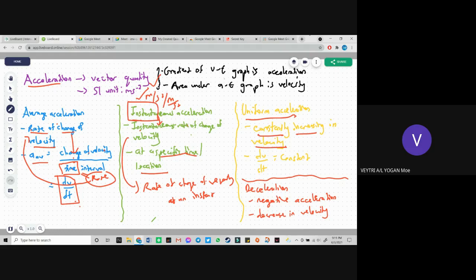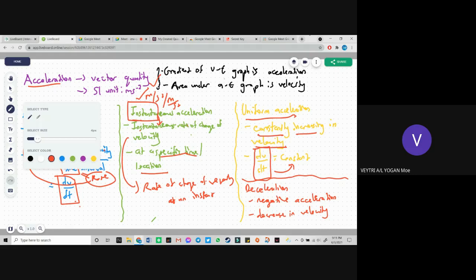If it increases slowly at the same pace, then there is acceleration. What type? Uniform. The formula is the same, dv over dt, velocity over time, but the answer will be constant. Basically, every time you will get 3 meter per second square or 4 meter per second square, no matter how many times you do. Okay, now that is uniform acceleration.